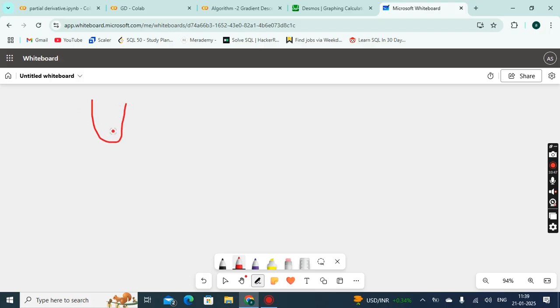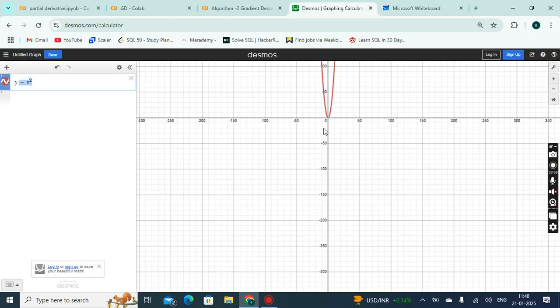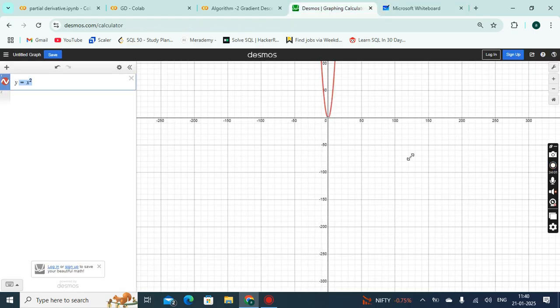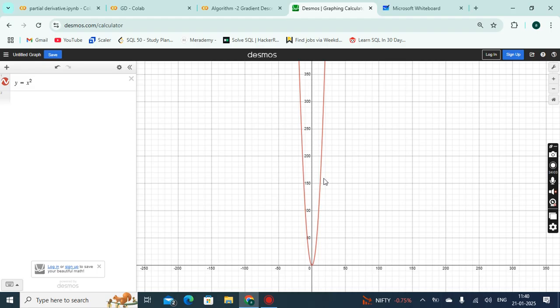You saw there is a graph this way, which is y equals x square. So how do we work on gradient descent? Let's say this is a point on my graph. Maybe you can say 150 is a point, this part. Now what will I do is, 150 is somewhere around here, you can just keep it here and you can see.